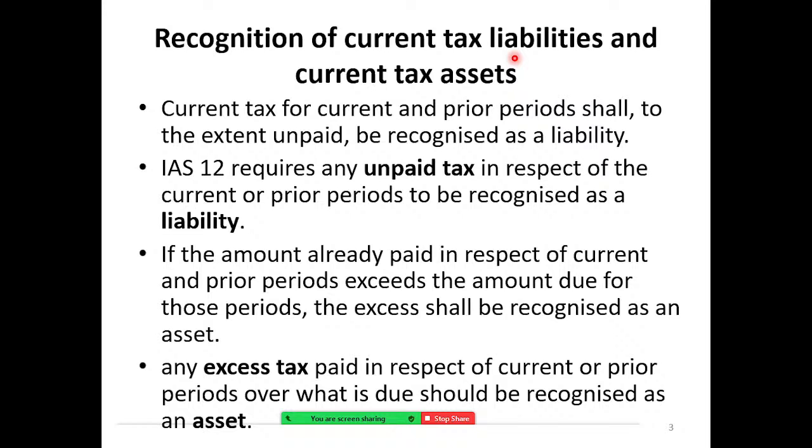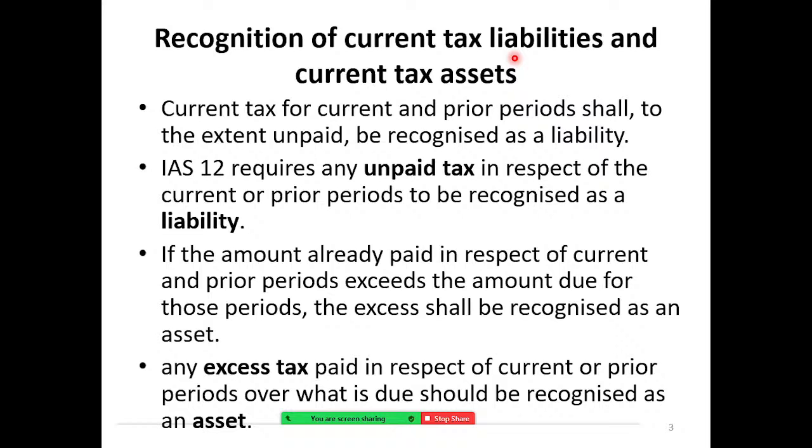Or the entity has paid a lesser amount of income tax in the current period. It means in future the entity should pay more tax. So that time it comes under current tax liabilities.